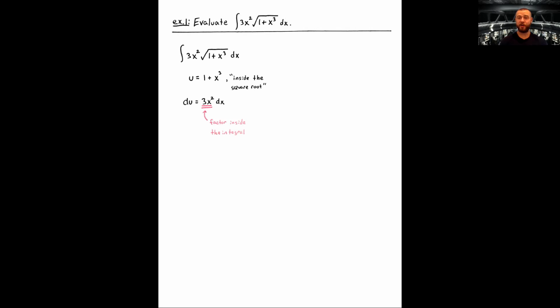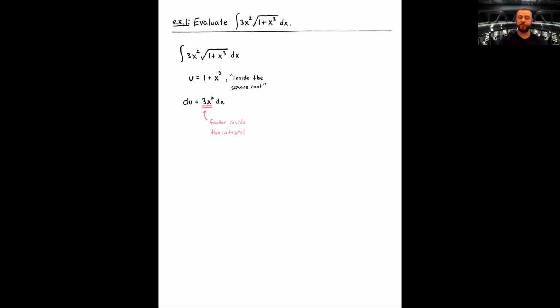That's going to be a good first choice for u. So if we go with u as 1 plus x cubed, because 1 plus x cubed is the inner function to the square root expression, we can calculate the differential du as that derivative, 3x squared times dx. And if you take a look in the integral, what we're evaluating, 3x squared is a factor. So this choice seems to fit both tips that we gave for how to choose u.